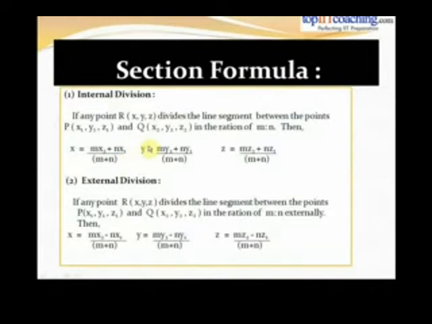Similarly, the y coordinate of R is given by (m y2 plus n y1) divided by (m plus n), and the z coordinate of the point R is given by (m z2 plus n z1) divided by (m plus n).